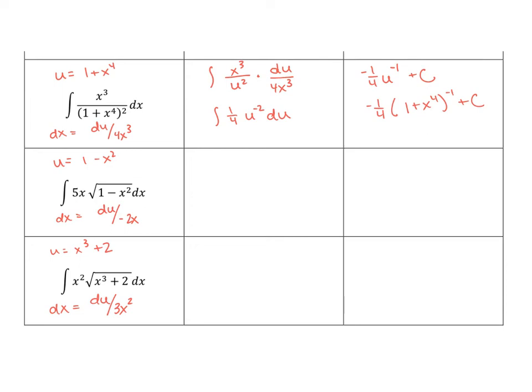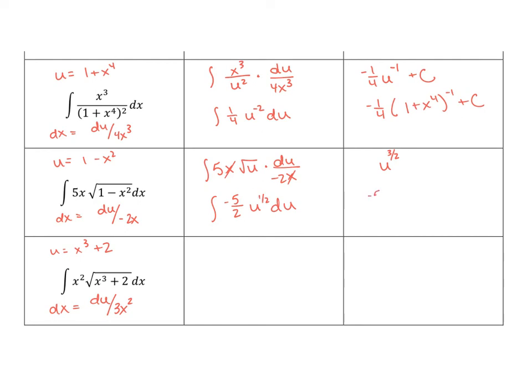On the next one, we rewrite. So I have 5x root u times du over negative 2x. The x's simplify. So now my coefficient is negative 5/2. That square root u, I'm going to write it as u to the 1/2. So I can take the antiderivative. So u to the 1/2 needs to become u to the 3/2.